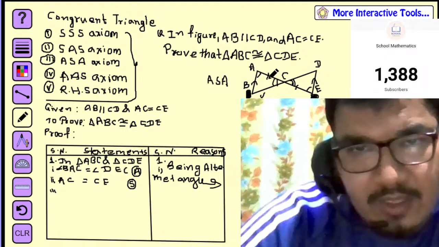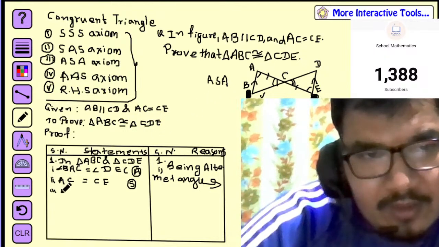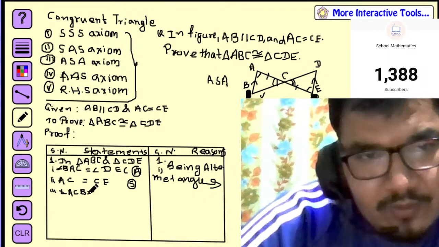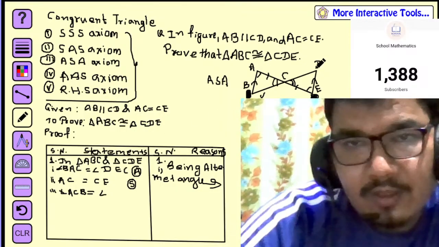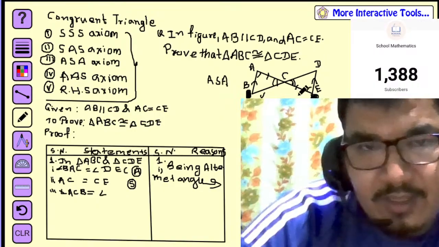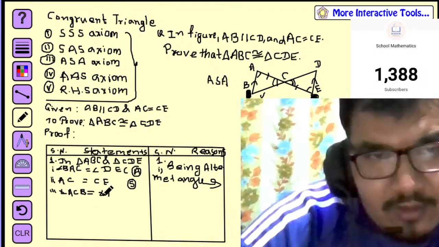And next one is that ACB angle. Look here, this is the angle symbol. Angle ACB is equal to another angle, angle DCE.